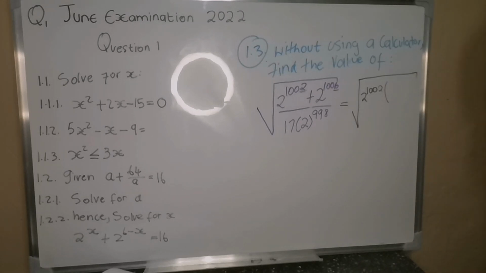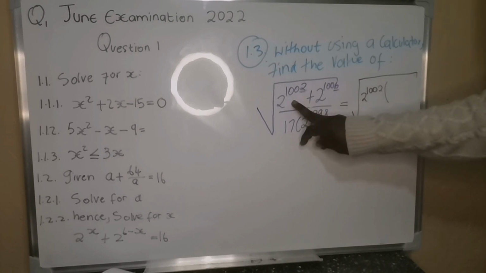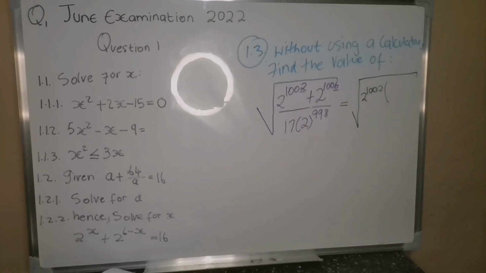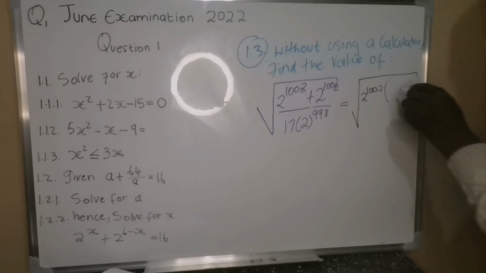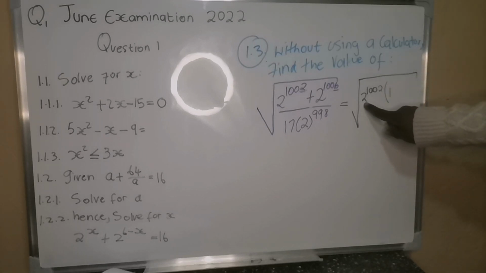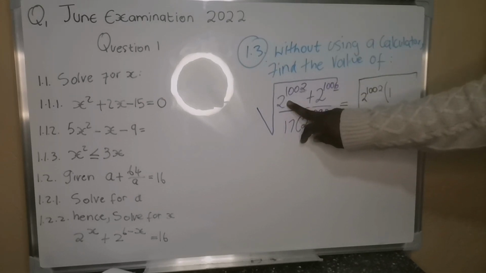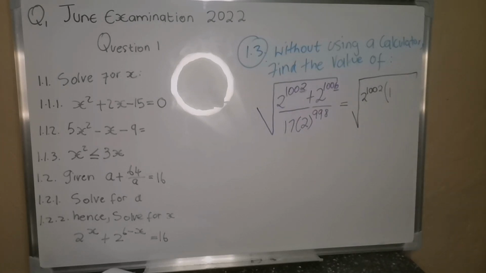Then which term can I multiply with my 2 to the power 1002 to give me my first term, which is 2 to the power 1002? Now, I know that 1 multiplied by this gives me this. 1 times 2 to the power 1002 is going to give me my first term, which is equal to 2 to the power 1002.